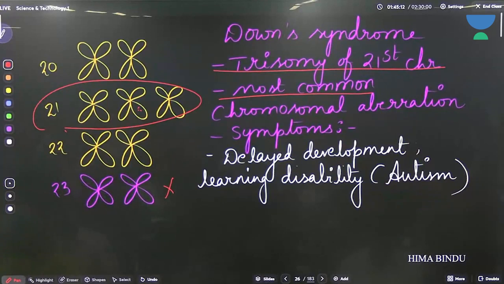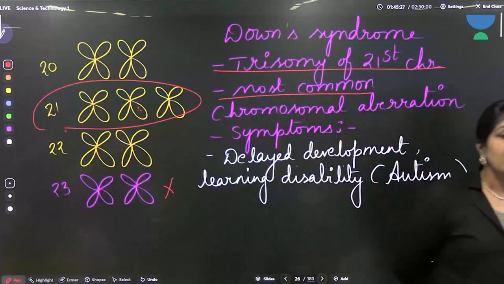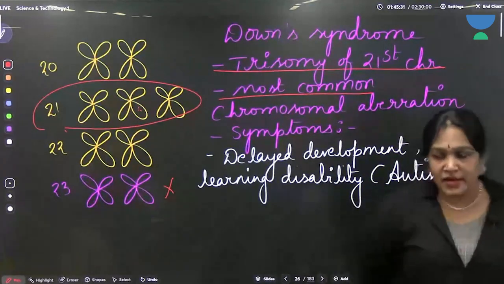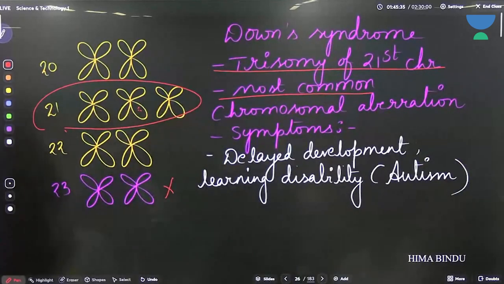I mean, if a woman above 30 years old is reproducing, then the chance of the baby getting this syndrome is higher. So these are some chromosomal aberrations. Whereas the father's age does not have that impact. The reason is, in females, the reproductive cells are called egg cells.